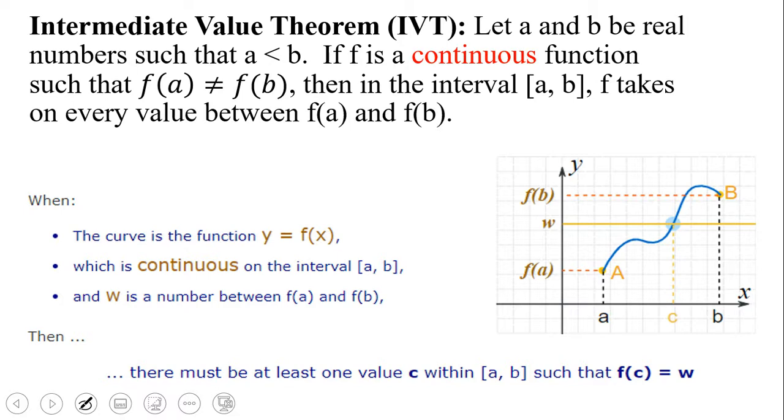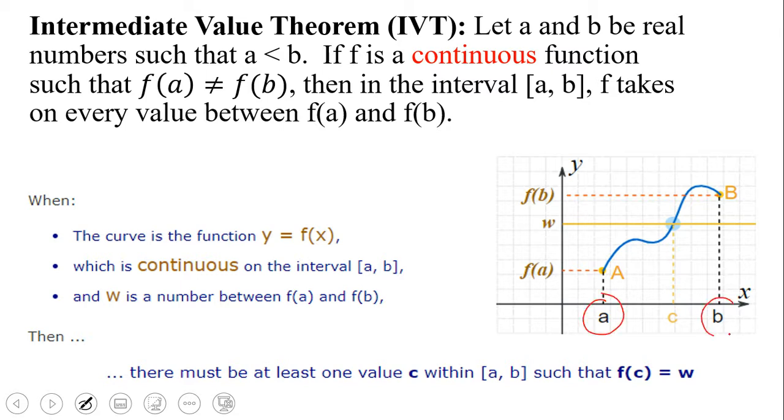That idea of being continuous is important for something called the intermediate value theorem, which I call the IVT for short. There's a couple different ways of explaining the intermediate value theorem, and I'm going to show you a few of them. So here's what it says in its kind of formal definition.